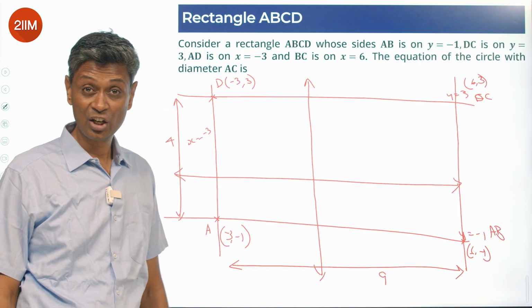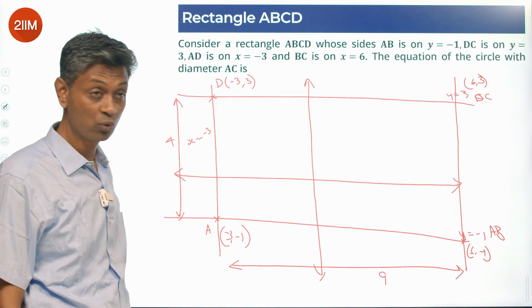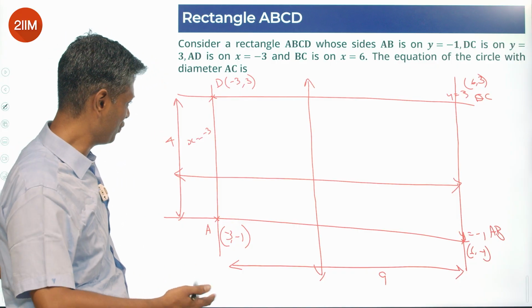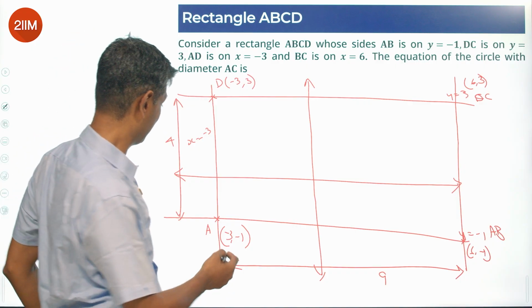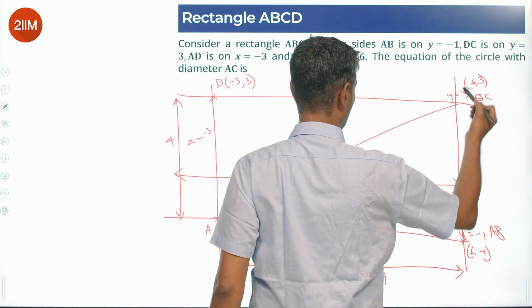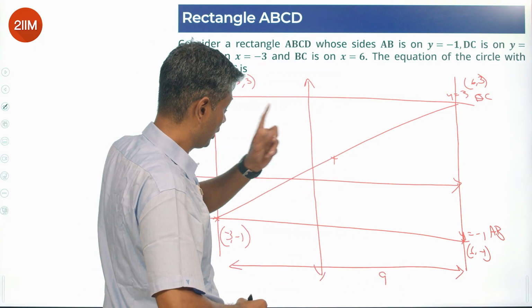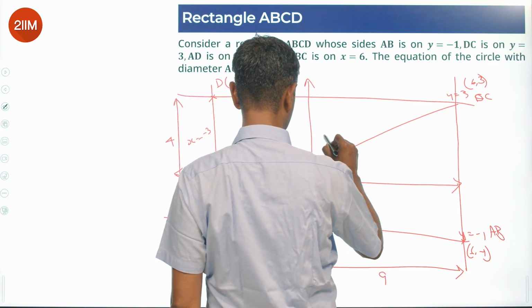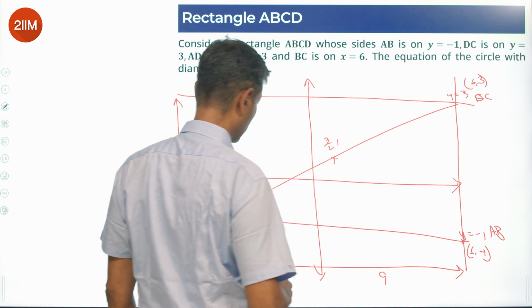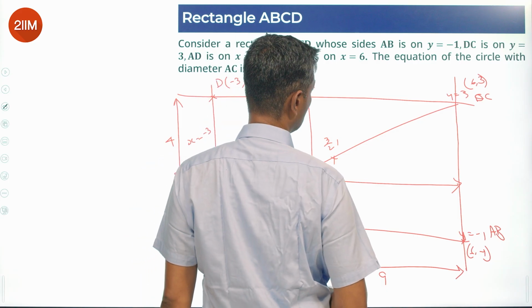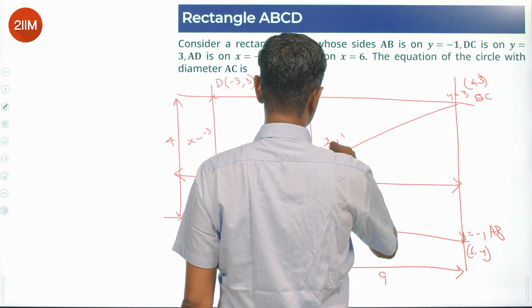So AC is the square root of 9² plus 4², the square root of 97, which is weird. 9² is 81 plus 4², but hey, we don't care. I have to find the midpoint of this: (−3 + 6)/2 is 3/2, comma, (−1 + 3)/2 is 2/2, just 1.